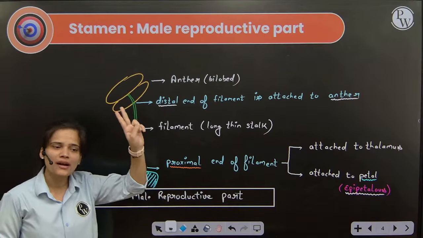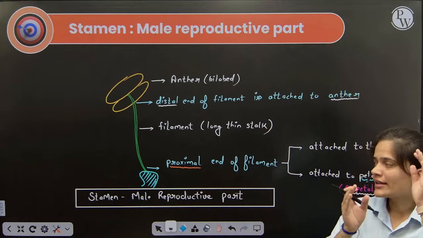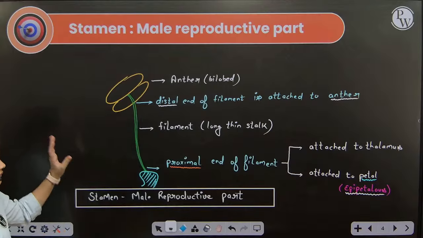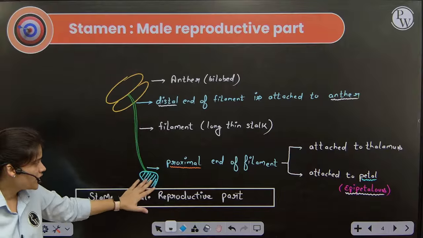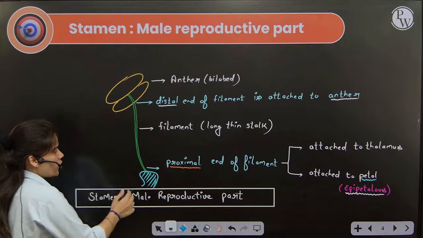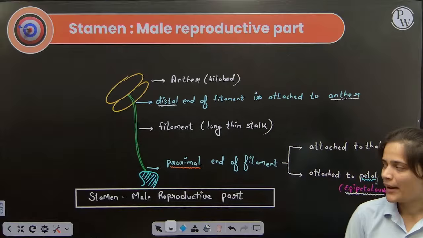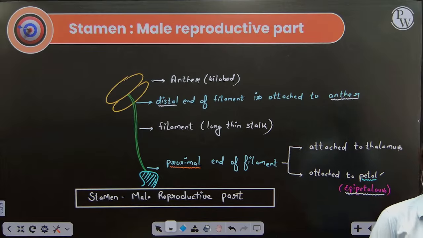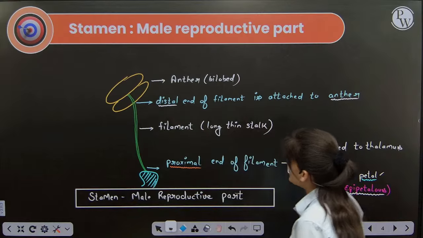It consists of thin filament and above that filament there is a terminal bilobed structure known as anther. Proximal end of the filament is attached to thalamus or can also attach to petals. If attached to petals, that condition is known as epipetalous condition. Distal end is attached to bilobed anther.